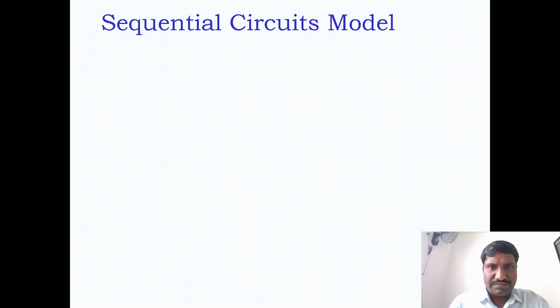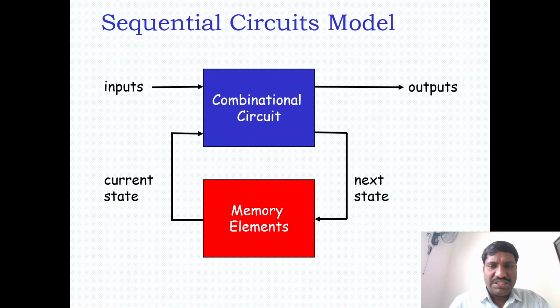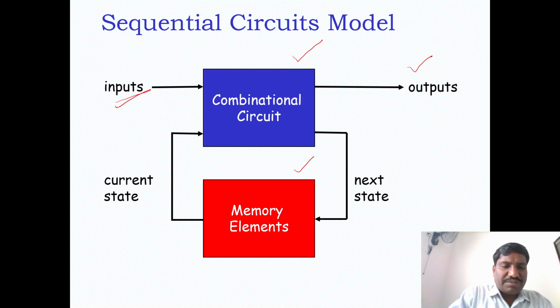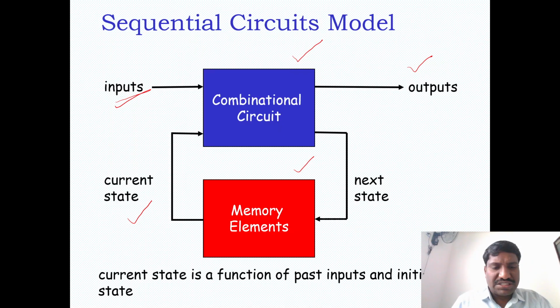I can show that with the help of a diagram here. There is an input. That input is applied to a combinational circuit. We are getting an output. There is a memory element. Whatever we give to the memory element is the next state, and what we get from the memory element is the current state.